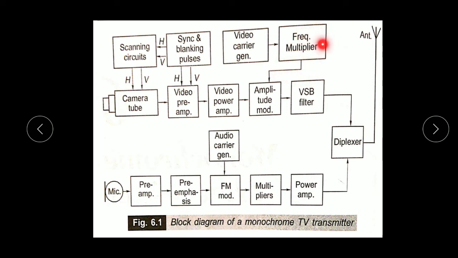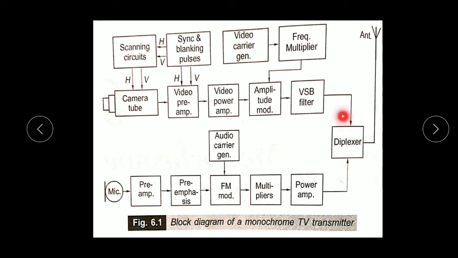Then comes the VSB sideband filter, which filters the video signal, transmits the particular bands, and passes them to the diplexer.